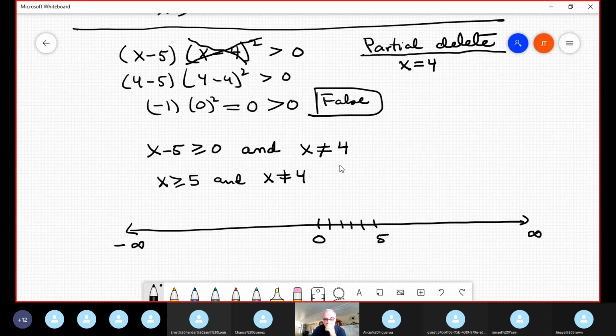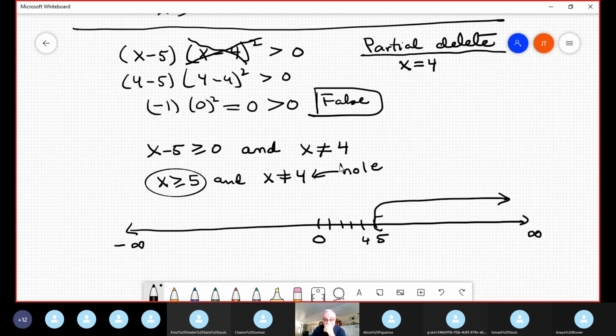This is the solution for that part. And 4 is here, so at 4 we have a hole. But the hole is totally outside this interval. Therefore, you can't totally delete it, because the solution is that part.